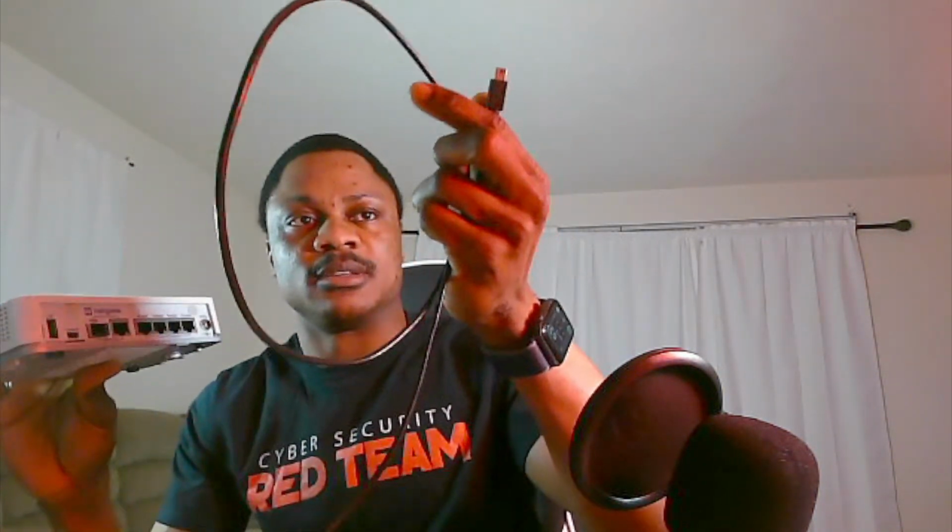So first things first, what experts suggest is this: it comes with this cable already. But if you buy it from somebody on eBay or Amazon, which I don't recommend, and it doesn't come with this, just go on Amazon and buy this cable.